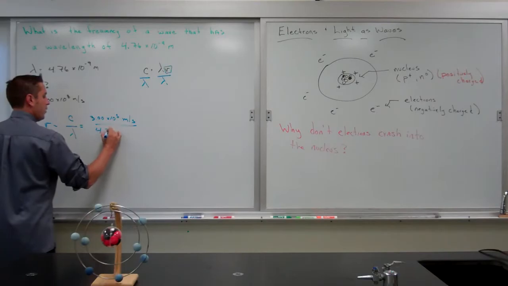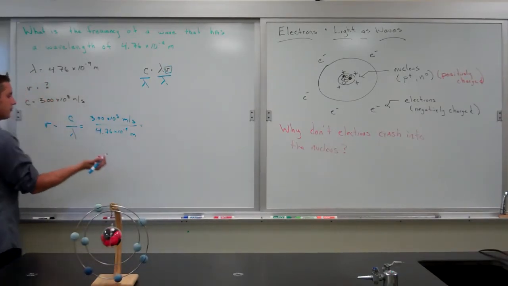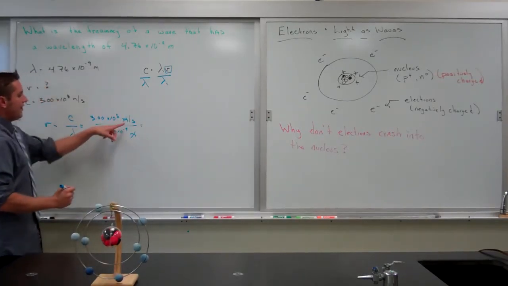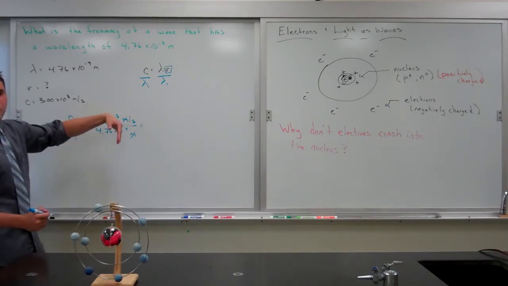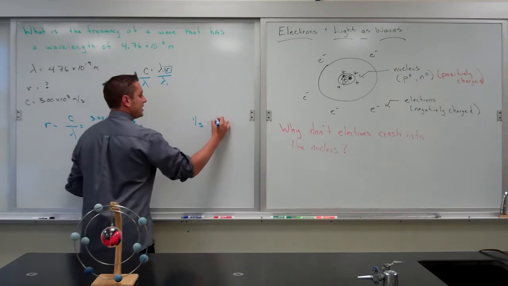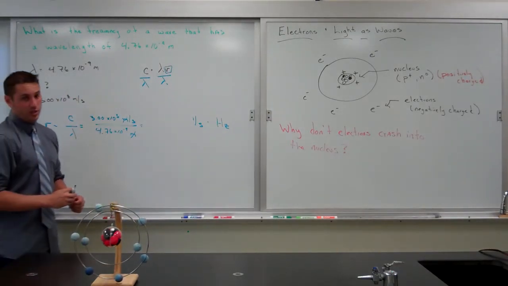Wavelength, 4.76 times 10 to the negative 9th meters. Starting with my units, meters on top and bottom will cancel. That leaves me with seconds in the bottom of the top, which is 1 over seconds. Remember, 1 over seconds is what we call a hertz.